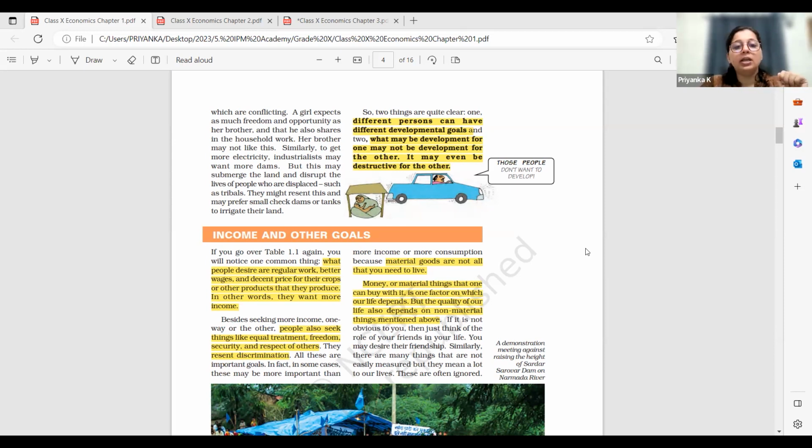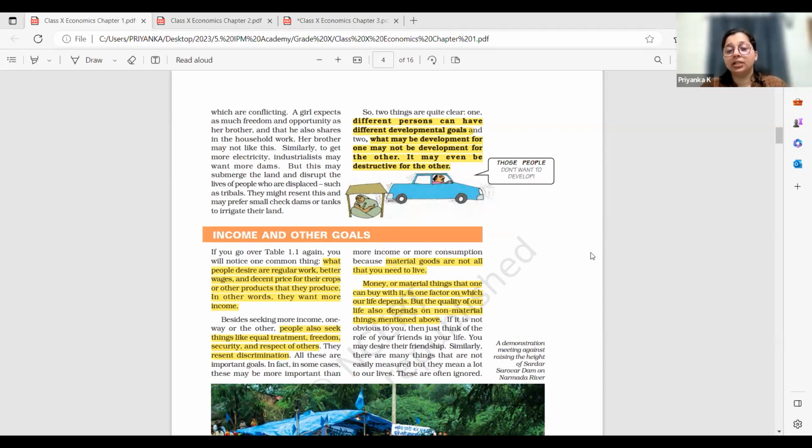Employment facility implies getting regular work and regular wages for the work. And coming to the farmers, they would demand a fair price or a decent price for their crops, irrespective of the market fluctuations. Every person is demanding a better income. So income is definitely part of the development goal of every individual and every society.